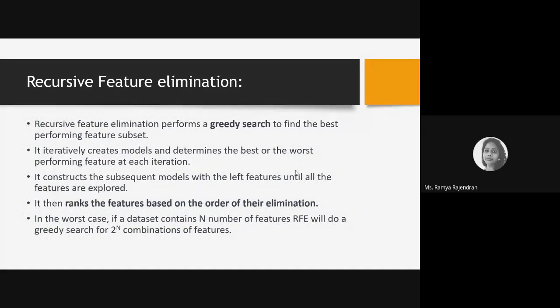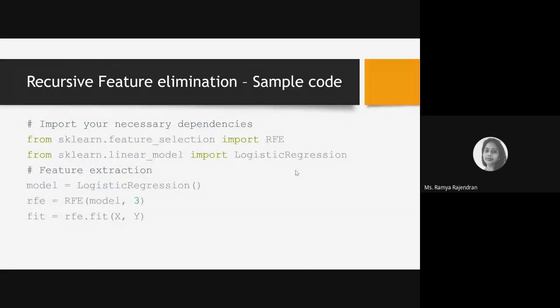Each feature will be given an order, so the features with the lowest rank can be eliminated. A sample code for recursive feature elimination is here. You have to import RFE from feature selection.